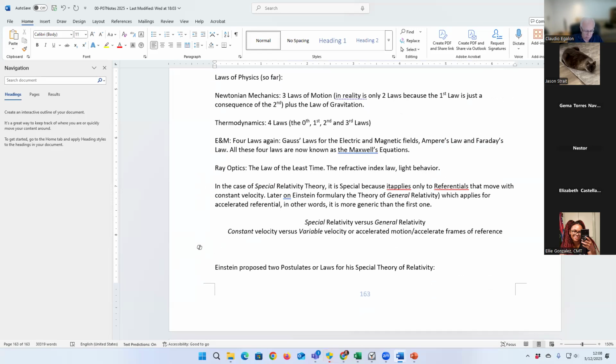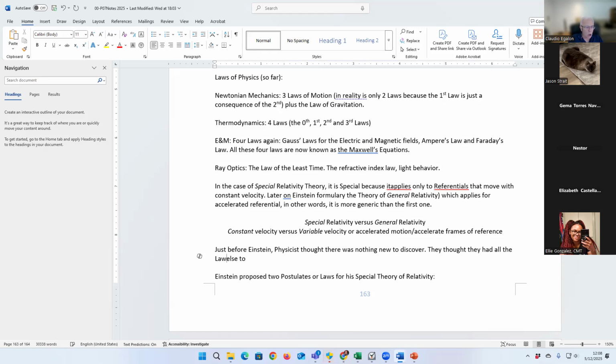Just before Einstein, physicists thought there was nothing new to discover. They thought they had all the laws they needed to explain the universe.